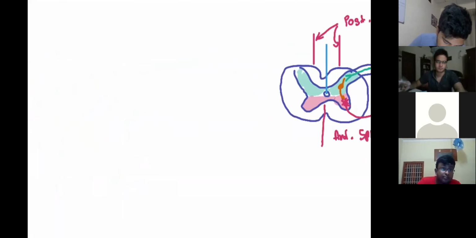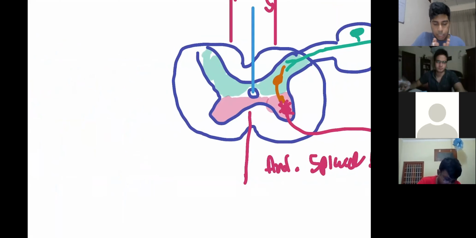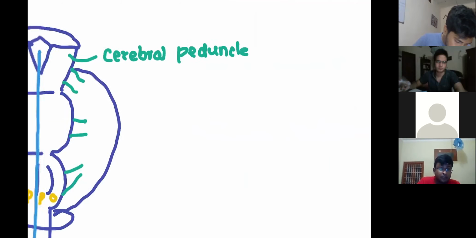Oh yeah, I forgot. What happens once the spinal cord enters the foramen magnum and becomes the medulla? You basically take your hand and stretch out the central canal, like this. That is what happens here.